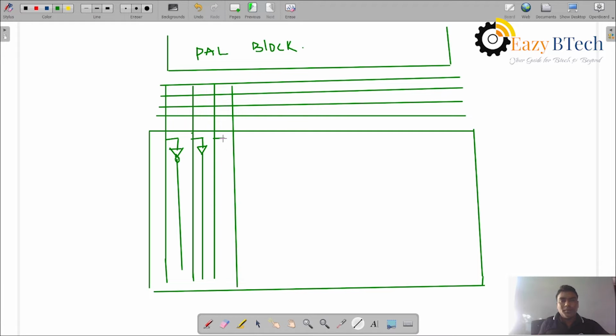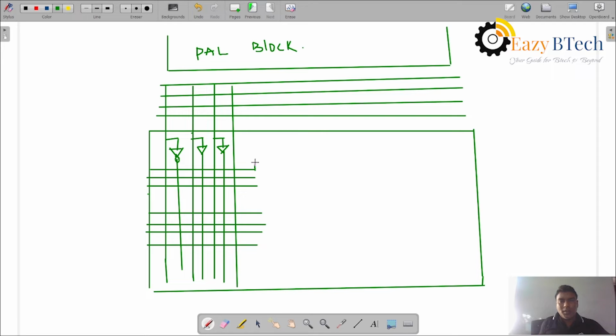From here we can take the gates, the programmable AND gates.